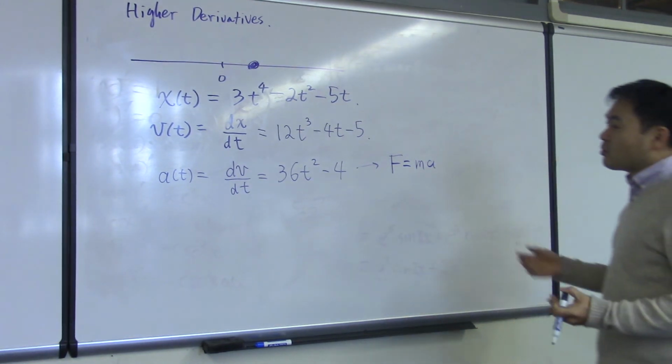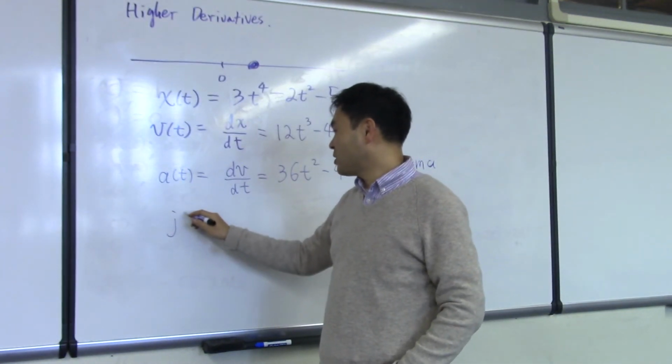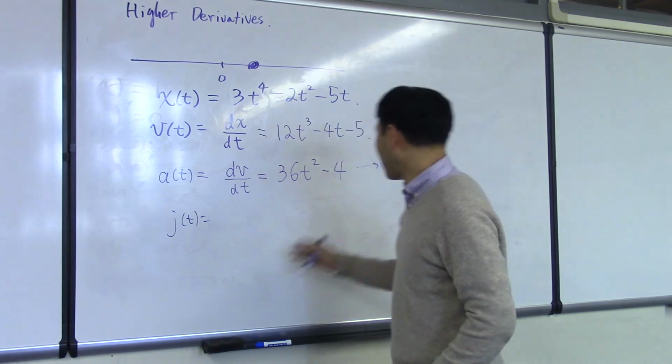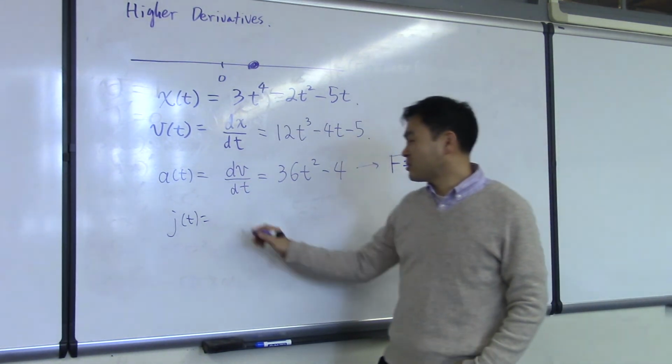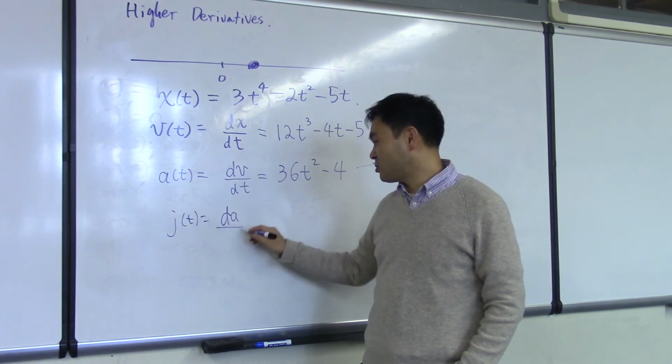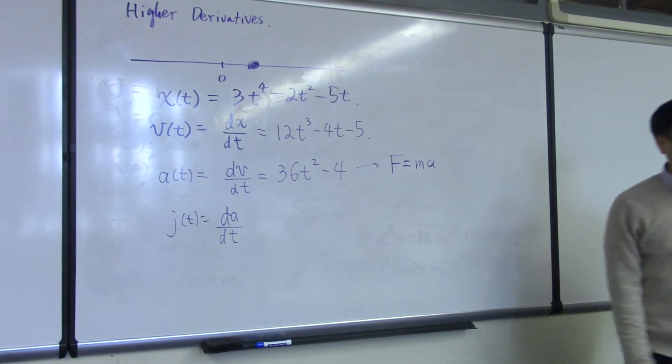And you can even go further. There is something called the jerk, which is not really used that much because it doesn't have a fundamental formula like this. But jerk is defined as the acceleration's rate of change. So it's how fast the acceleration is changing.